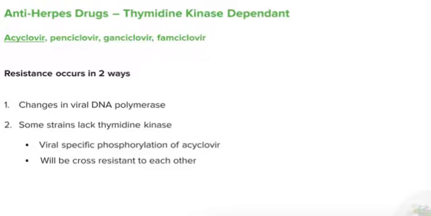The other way is that some strains of virus actually lack the thymidine kinase that it is active upon. So this can be a viral specific phosphorylation of acyclovir, and these agents will be cross-resistant to each other. So you have to be aware that there is multiple ways of resistance, and these are the two.